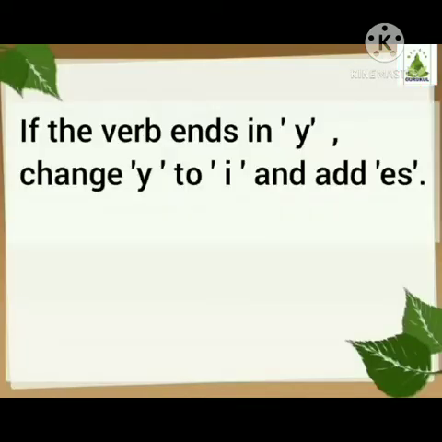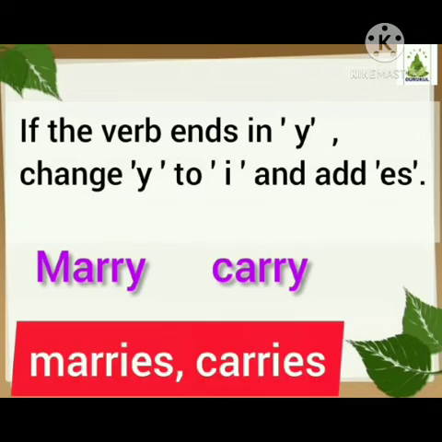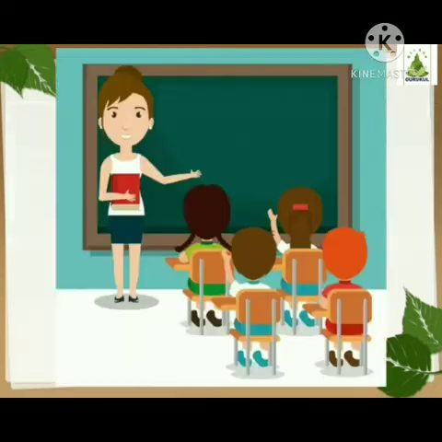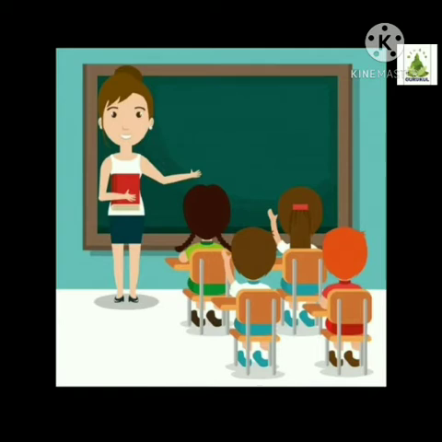If the verb ends in y, change the y to i and add es: marries, carries. I hope, students, you understood how to change the base form of a verb to indicate the simple present tense form of the verb.